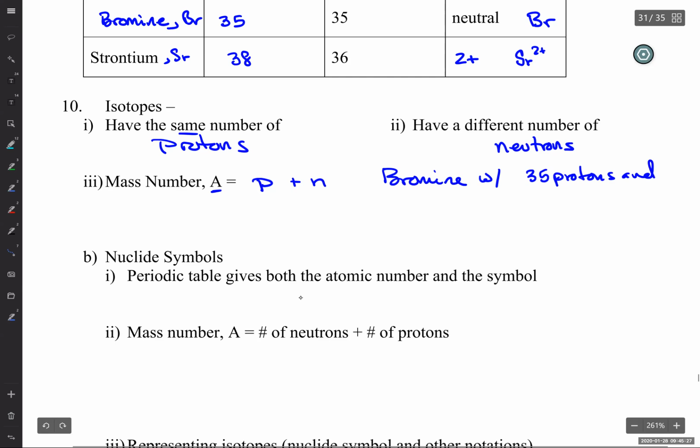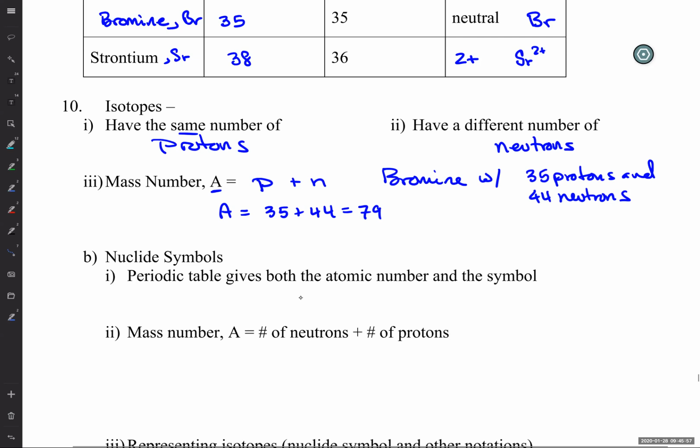I'm going to make up a number, 44 neutrons. Then the mass number, A, would be 35 plus 44. That'd be 79. If my math is still good. Yeah, still good.